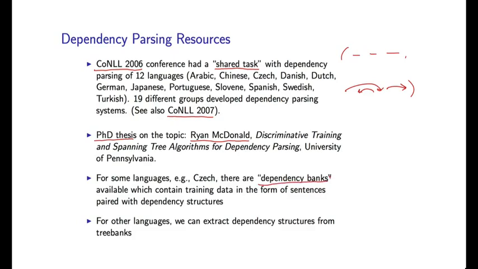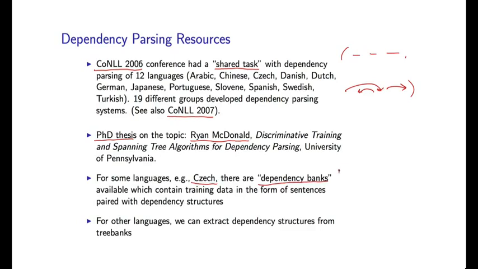So there's a couple of ways that these data sets arise. For some languages, a famous example being Czech, people have actually hand-constructed dependency banks. So they have annotated large quantities of data, again maybe thousands or tens of thousands of sentences, where each sentence is annotated with its underlying dependency structure.